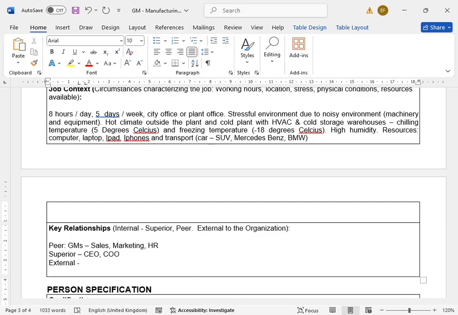External would be maybe other SBUs, other SBUs. If the company is a group of companies, then there are SBUs, strategic business units.